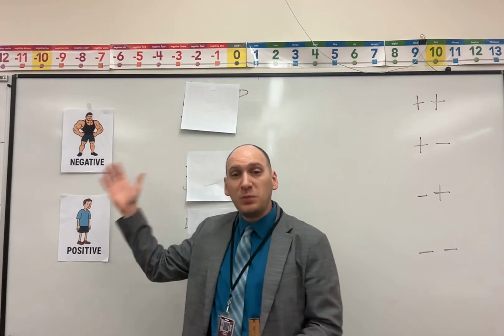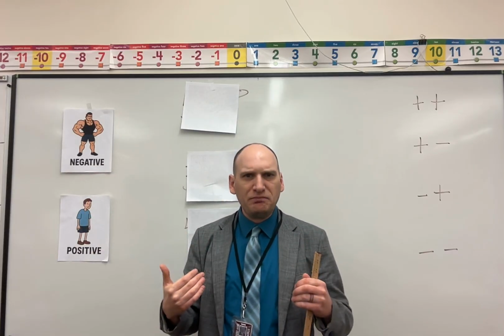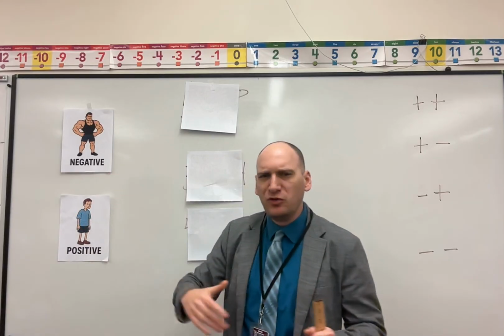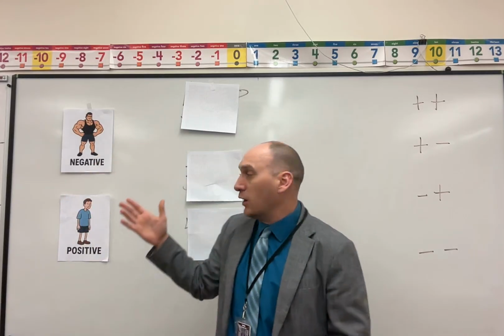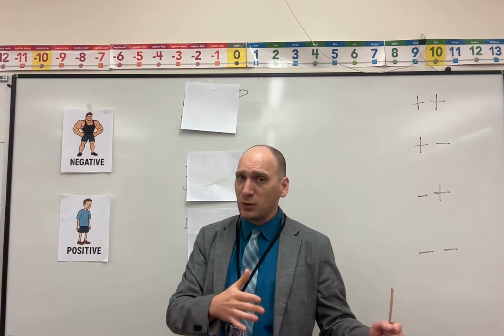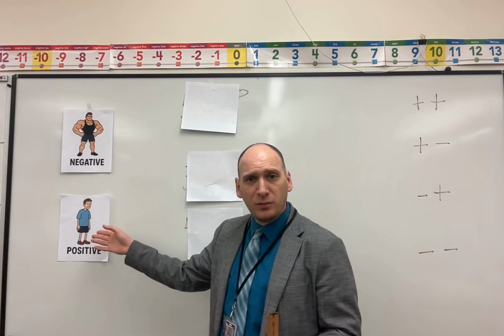Now, negatives being big and strong and powerful, that obviously is like Mr. Schmidt. Clearly we know that, obviously I've been lifting all the time, so clearly I'm the negative. Now for positive, we think of someone who's weak and scrawny and not very strong. So let's think of Mr. Arrett for our positive numbers.